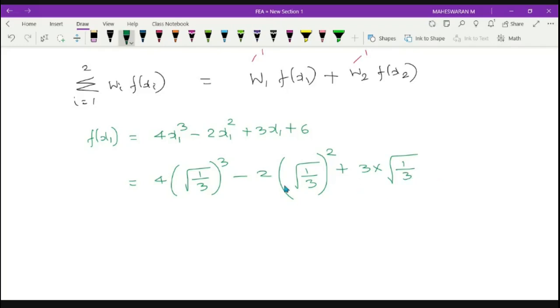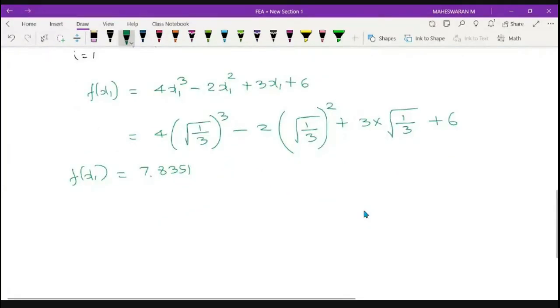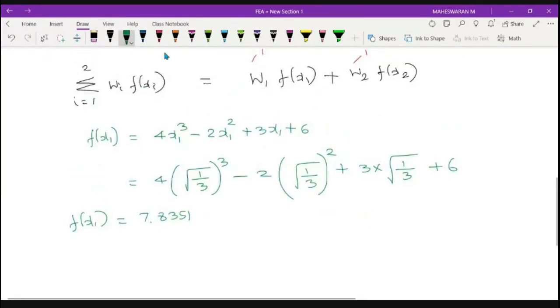Make sure the root applies to both, the whole term is under root, plus 6. Okay, can anyone tell me what will be the value of this? Sir, 7.8351. Okay, 7.8351. Thank you. Next, we go for f of x2.